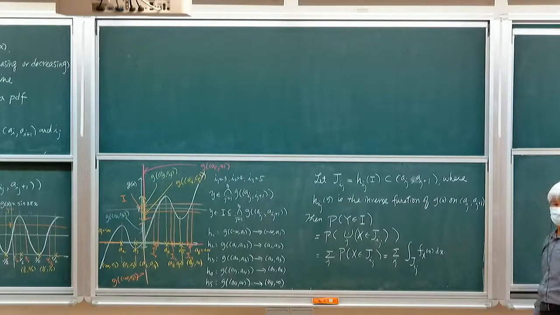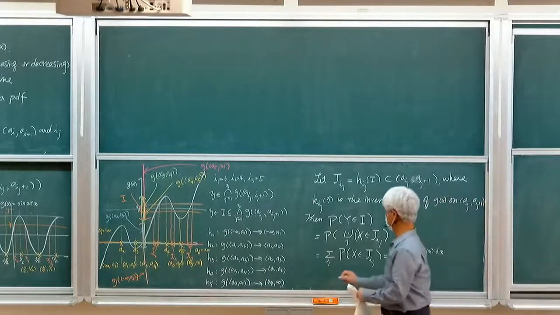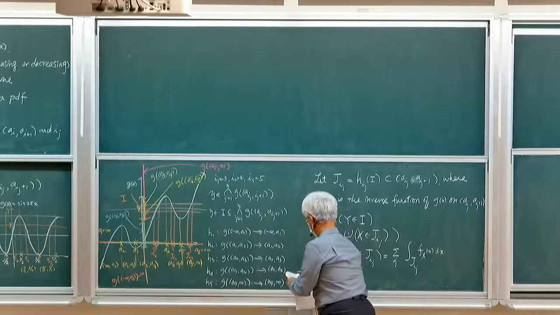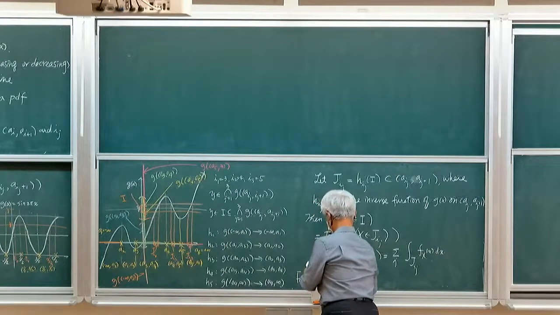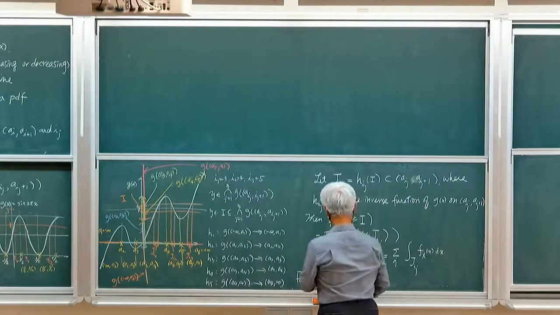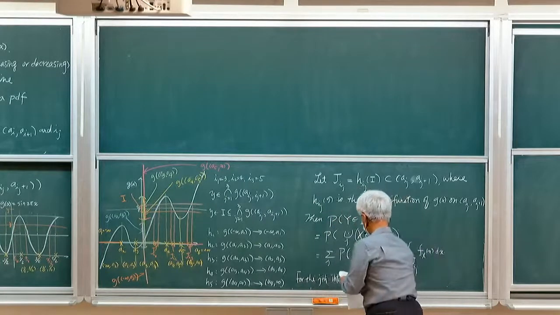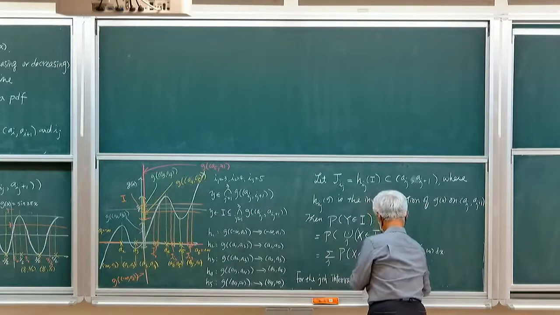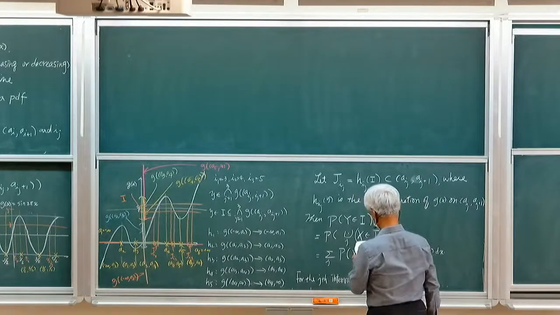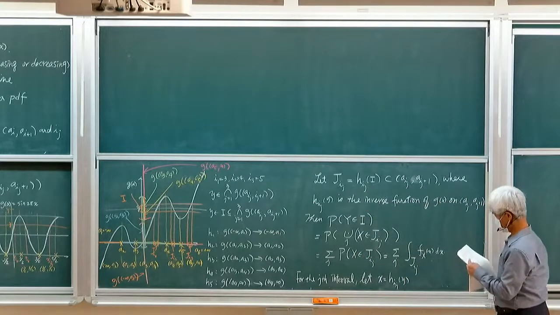Now, for the J interval, we let x equal to h sub I sub j of y.